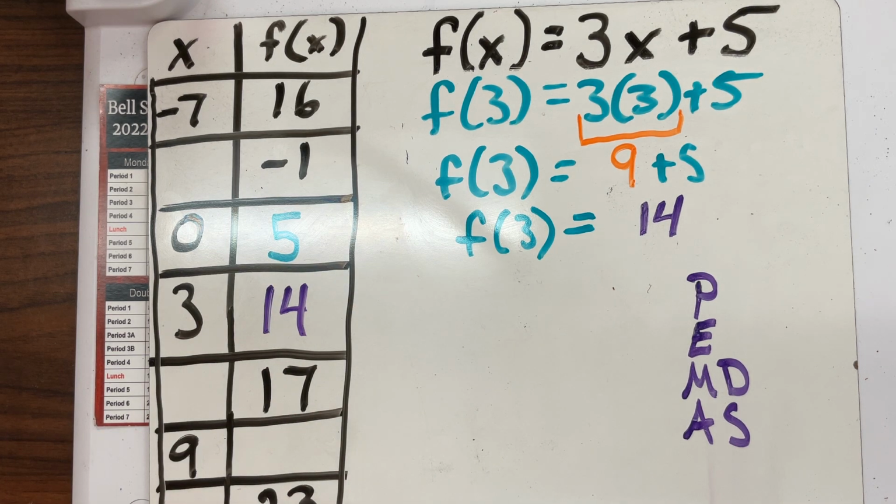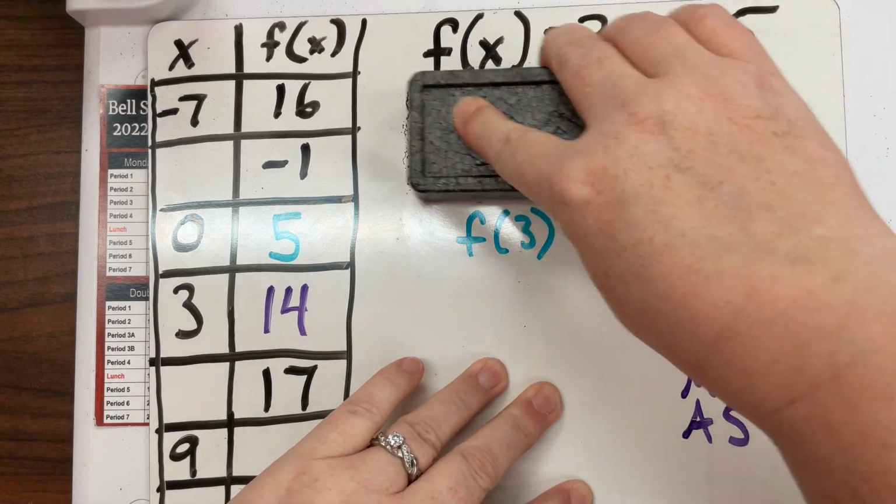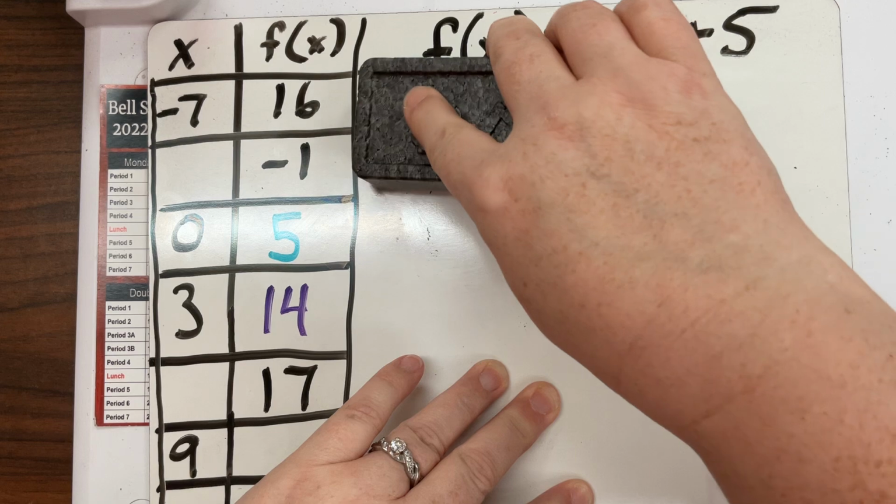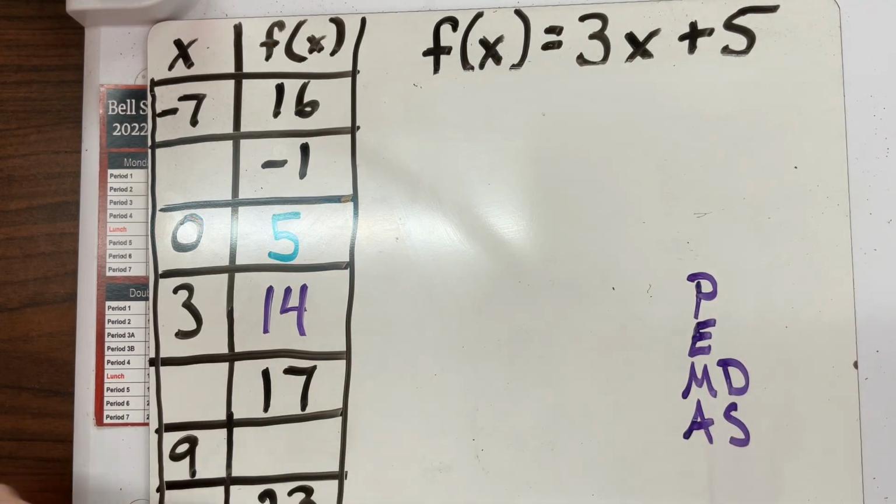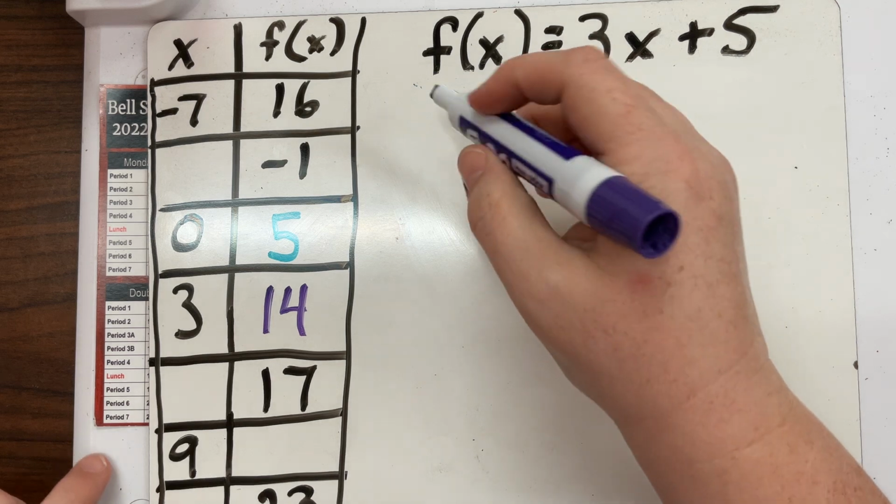Okay, is that making sense? All right, let's try one more. Remember, all these, they're the exact same problem. I'm just subbing in different values. Let's do a 9. Okay, so we're gonna substitute in number 9.